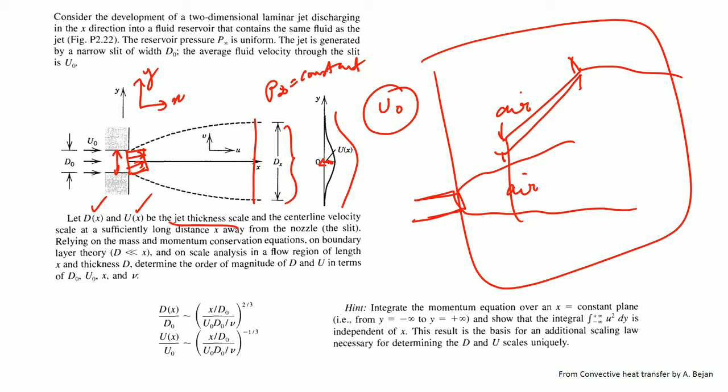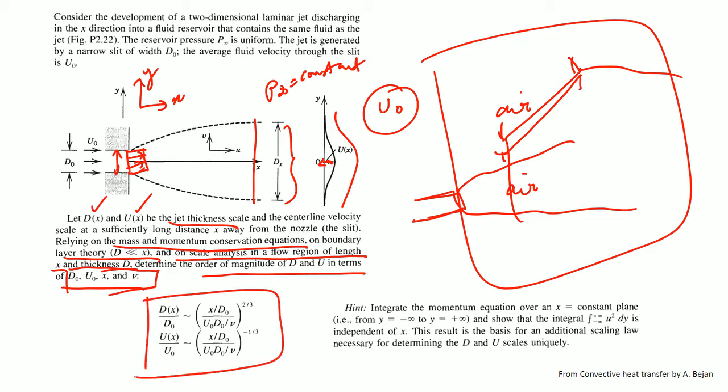Relying on the mass and momentum conservation equations, on boundary layer theory, and on scale analysis in a flow region of length x and thickness d, determine the order of magnitude of d and u in terms of d naught, u naught, x and the kinematic viscosity. This is the solution that we need to find out.